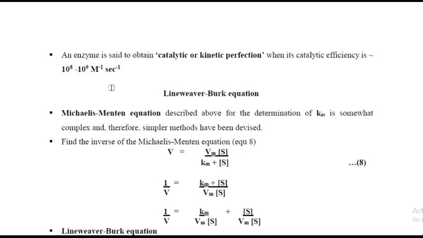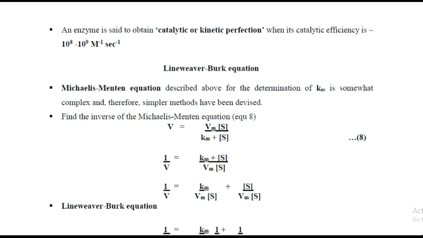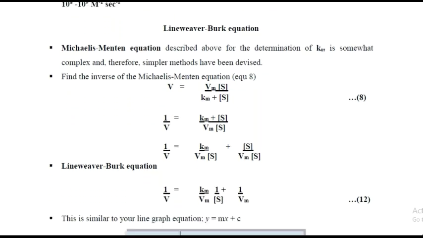The implication is that whenever you calculate your catalytic efficiency and you have a score between some number times 10 raised to the power 8 and 10 raised to the power 9, it shows that the enzyme is catalytically perfect. That enzyme is fast, swift, spontaneous, and can handle any reaction given to it. So that's all about Michaelis-Menten's equation.